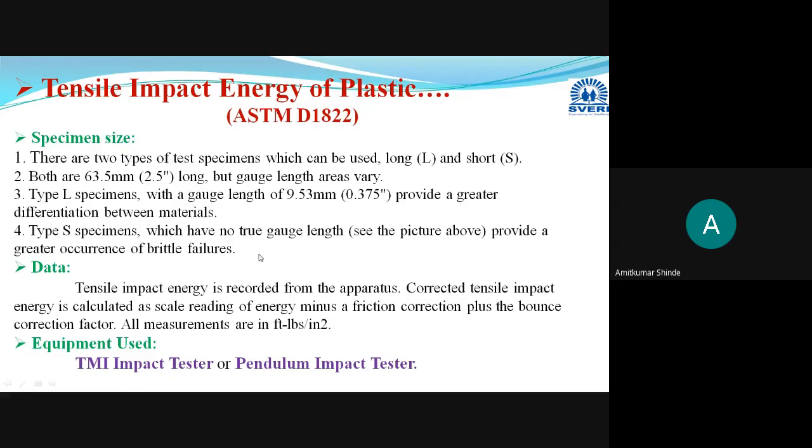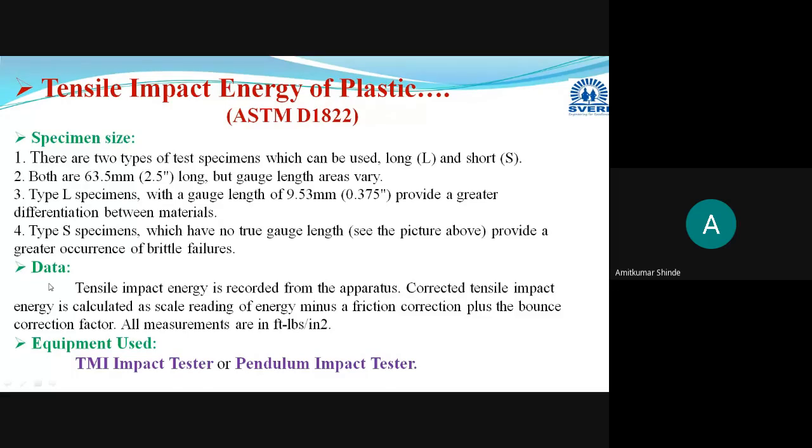In the S type specimen, that is the short specimen, they have not provided the exact value of the gauge length. Depending on the material, you have to prepare it accordingly.